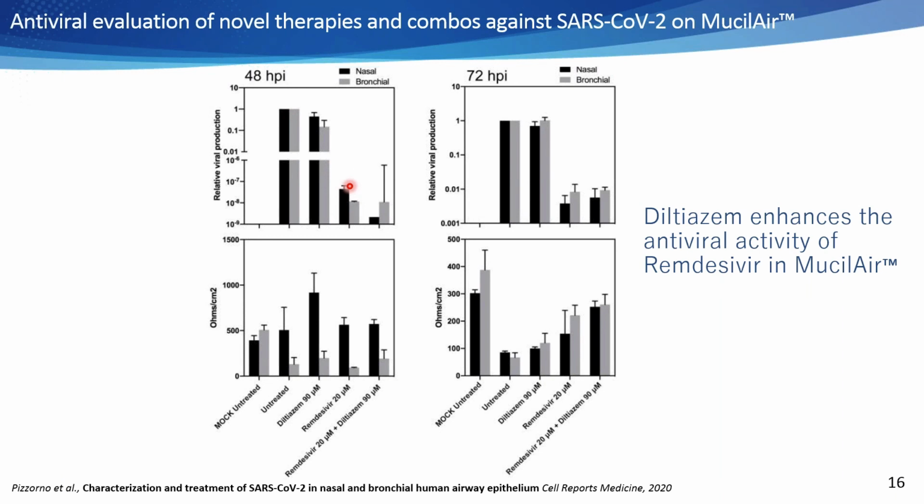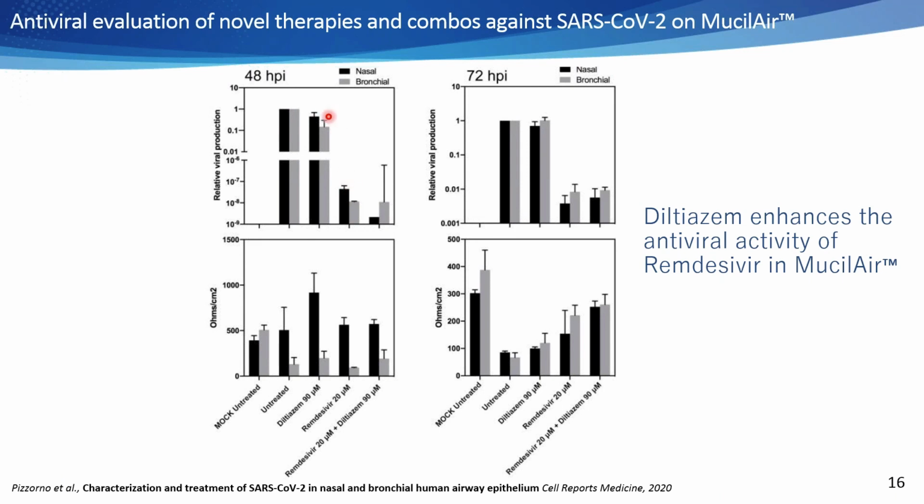But this case also reports the effect of combinations. If we co-treat remdesivir with diltiazem, a calcium channel antagonist known to induce a type 3 interferon response, alone it has not so much effect on SARS-CoV-2, but a small decrease.